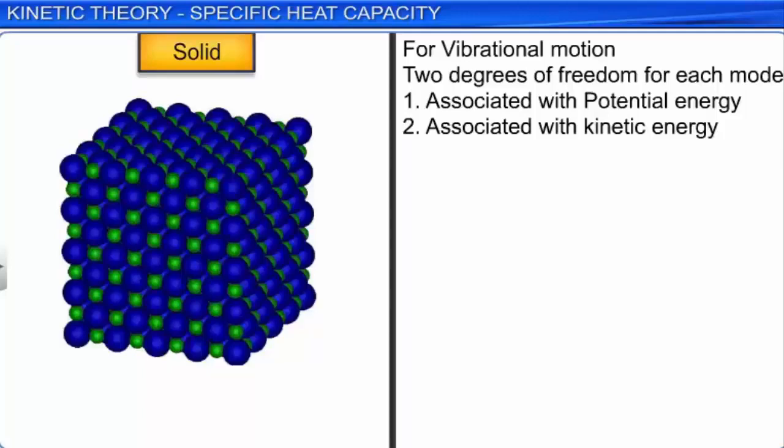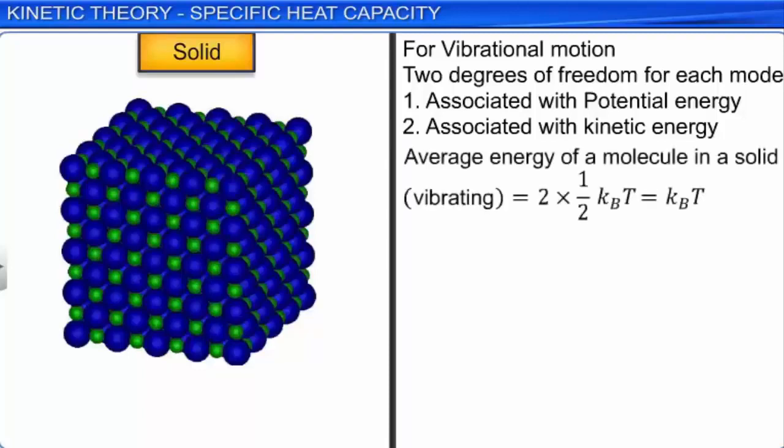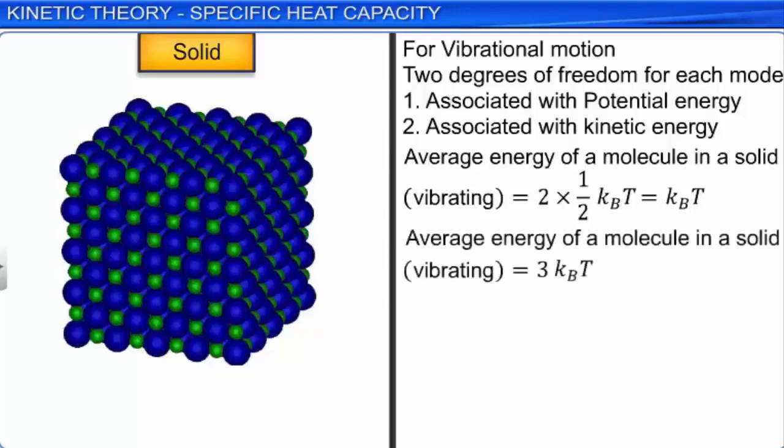Then, according to the law of equipartition of energy, the average energy of each molecule from each mode is equal to 2 times half kBT. Then, in 3 dimensions, the total average energy of the vibrating molecule of a solid is equal to 3 kBT.